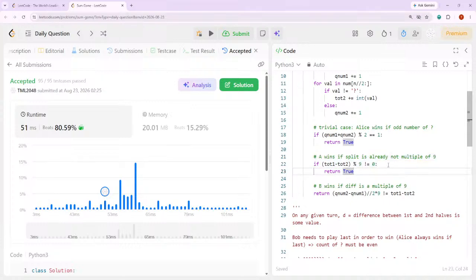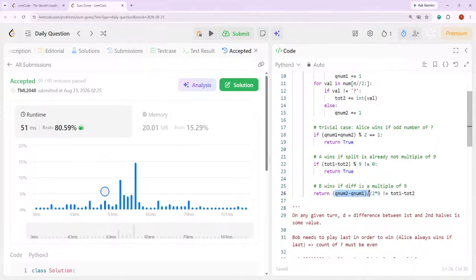So if it always starts out split up so that it's not a multiple of 9 as the difference of the two halves, then Alice will eventually win because Alice can maintain that uneven split. If it is a multiple of 9, then basically the number of moves that each of them makes, times 9, is equal to that difference, then Bob can create that matching difference.